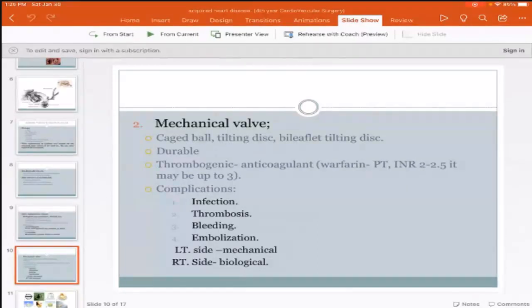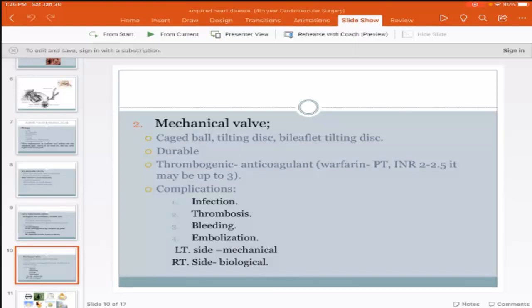Now, because of the technology, they make one similar to the native valve, what we call a tilting disc. Why is this used now? Because it's durable. It will last for more than 25 to 30 years or more.